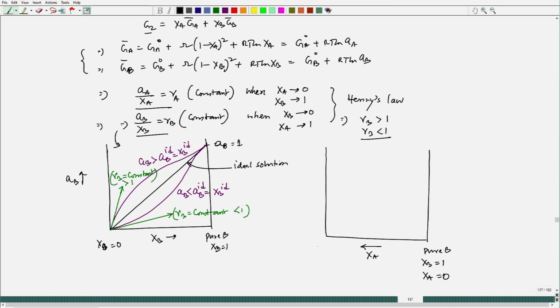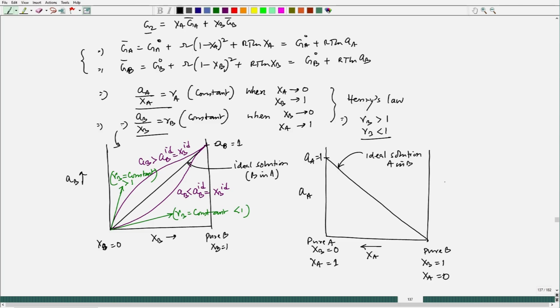This is XA, so here XB would be equal to 0. This is pure A and XA equals 1. Here I am plotting the activity of A, which equals 1 at pure A. Then we can join a straight line, which is nothing but the ideal solution. The earlier case was B in A, and in this case it is A in B.